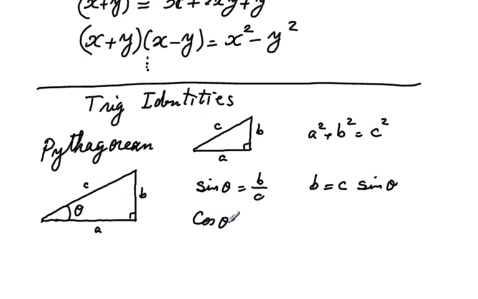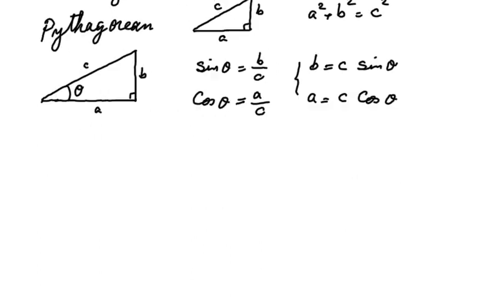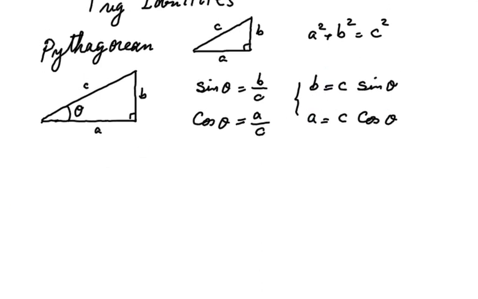Similarly, we had cosine of theta is adjacent divided by hypotenuse. Again, I can rearrange this by multiplying with the c to say that the adjacent is equal to hypotenuse times cosine of the adjacent angle. Next, I can take these two relationships and square them in anticipation of putting it back here, to see what we get.